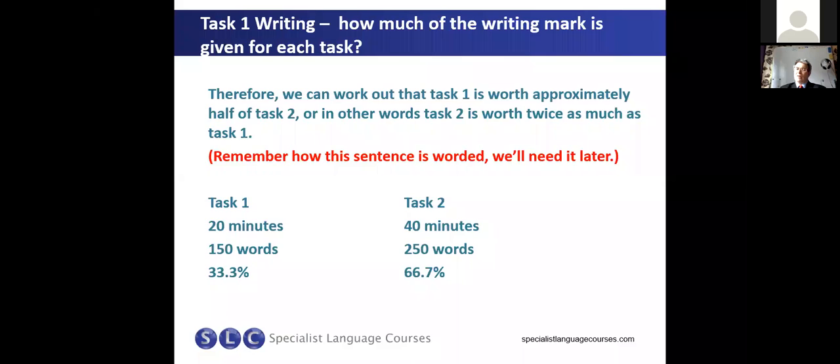That's important. We need to work out and be clear in our minds how this sort of sentence works. This is the only thing which is holding some of you back from 6.5 to band 7 or 7.5. I've seen some beautifully written Task 1 reports, but if they don't use some sort of comparative statement a couple of times in the report, if they don't use language of comparison, you'll lose marks.